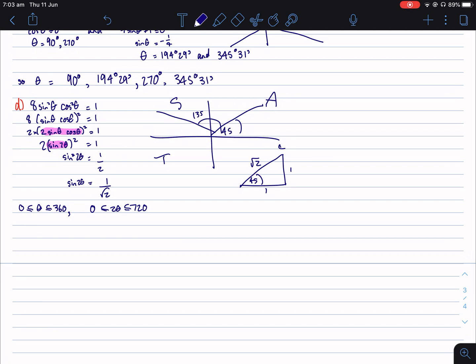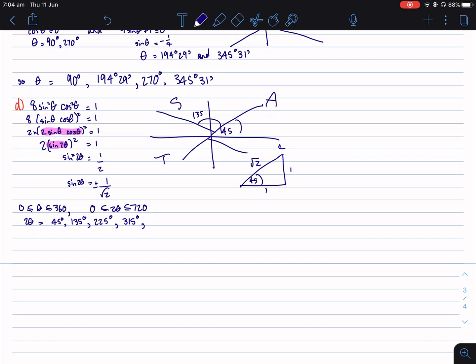So we've got 45 and 135. Oh no, I forgot to plus minus it. So we do have to have all 4. Okay, and then we have 225. How did I forget to plus minus when I was square rooting? And we've got 315.